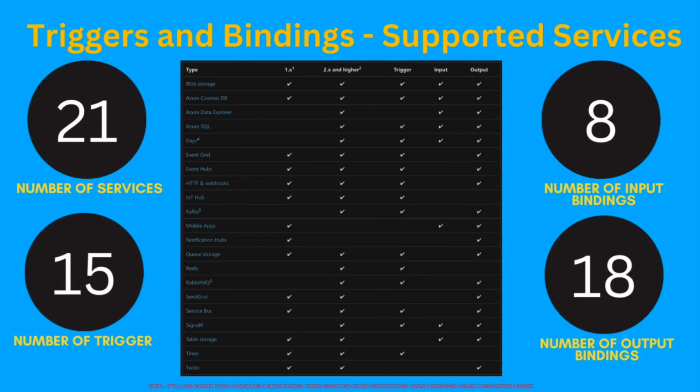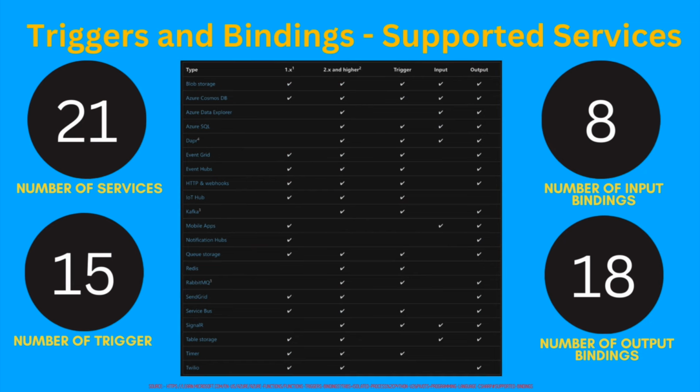In all, we have 21 Azure services which can connect to Azure Function, out of which 15 can trigger an Azure function, 8 services can become the input binding and provide the input parameters to the Azure function, and 18 of them can be the output binding.